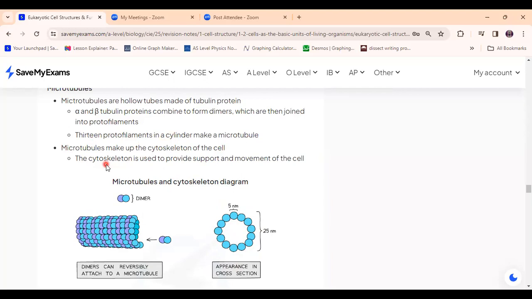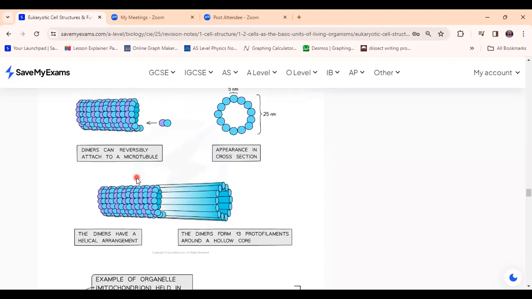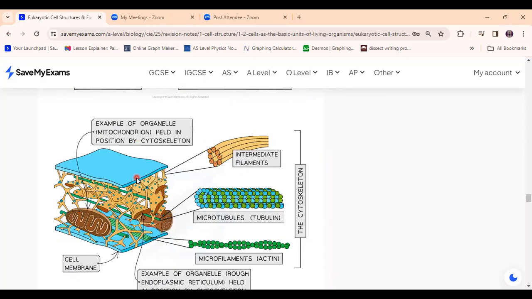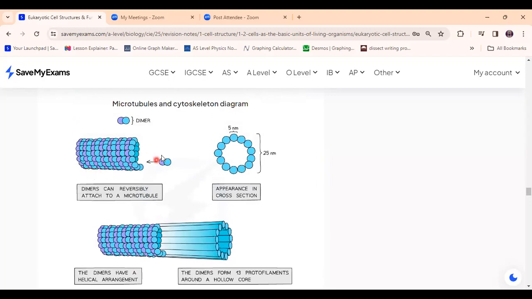Okay, and microtubules make up the cytoskeleton of the cell, along with, I forgot those names, a sort of fiber. Anyway, either way, microtubules provide support and movement. Obviously it supports the shape of the cell, but it also allows a motor protein, a walking protein, to work on it to transport substances.